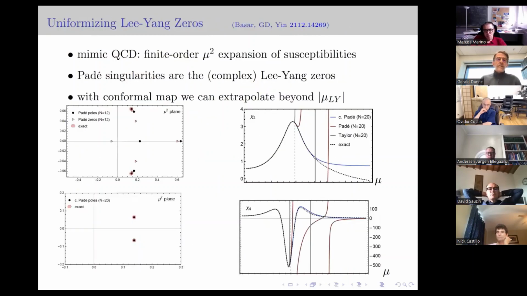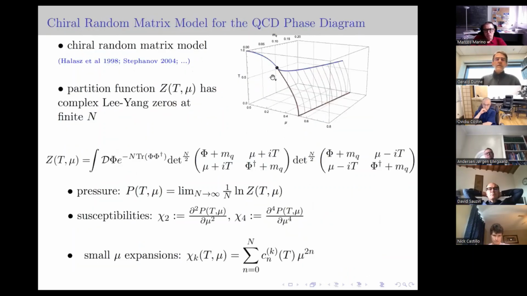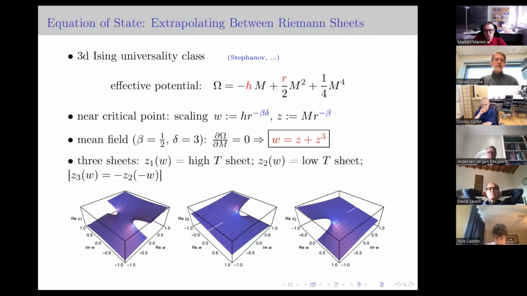If we're interested in probing near this would-be critical point, we can invoke what are called universality arguments in physics, which are basically scaling relations very close to the critical point. They argue that the structure of what's called the effective potential, which governs the behavior very close to the critical point, can be described by this fourth order polynomial with two parameter coefficients.